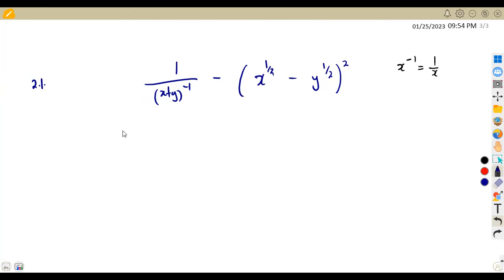So that means this whole expression can be written as 1 over, so this is the one that was already there on the question. But applying this law, we are going to have 1 over the expression that we are given, which is x plus y. So this is going to be 1 over the expression of 1 over x plus y. We can just put in a bracket to represent that this is a single expression.